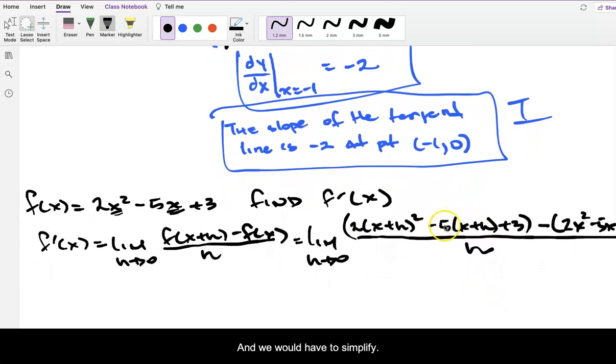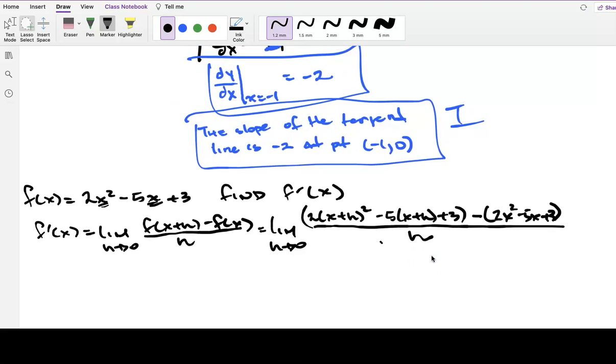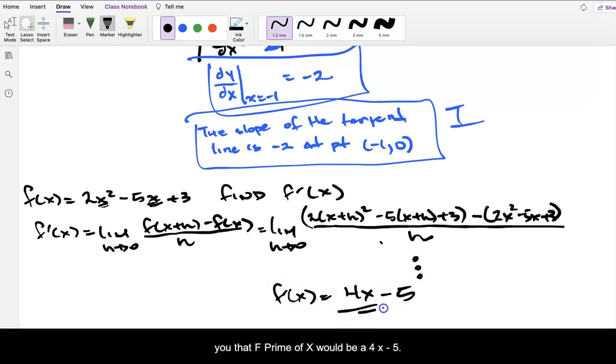And we would have to simplify. It's doable, it's just more work involved. Just so that we could do all these steps, I could tell you that f prime of x would be 4x minus 5.